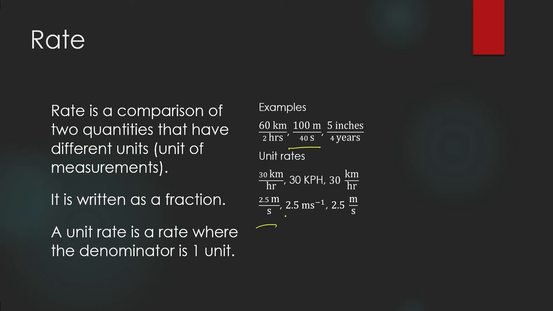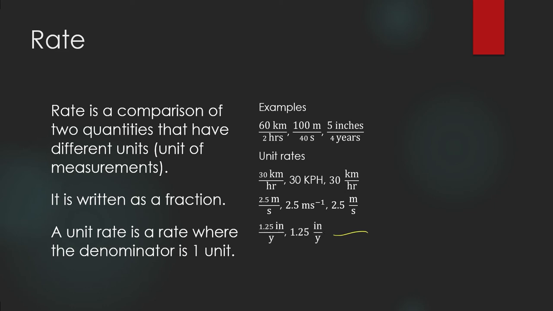When you are writing speed or velocity as part of a sentence in a paragraph, sometimes we write it in this way, 2.5 meters per second. Here, s raised to negative 1 is equal to 1 over s. Or you can write it as 2.5 meters over 1 second.